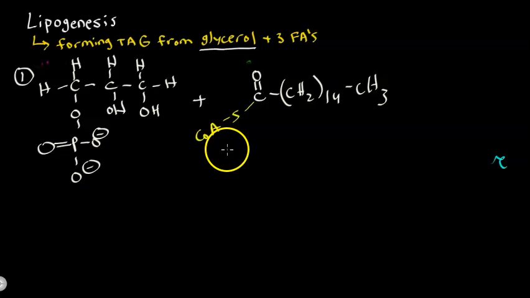Okay, and in this step, we're going to lose this coenzyme A, and we're going to form an ester bond between this C double bond O and the alcohol portion of carbon number 1 of the glycerol molecule.